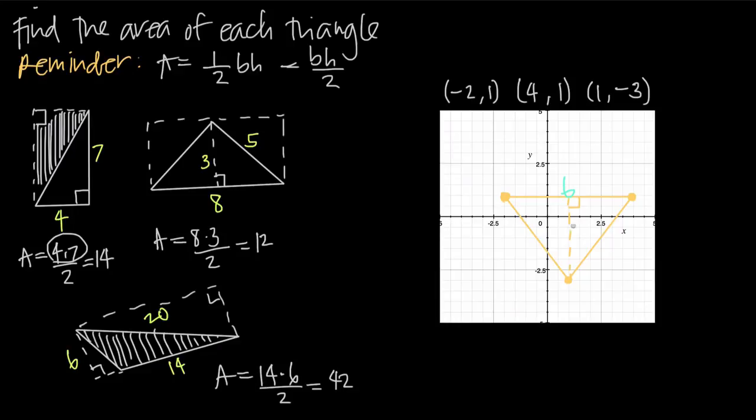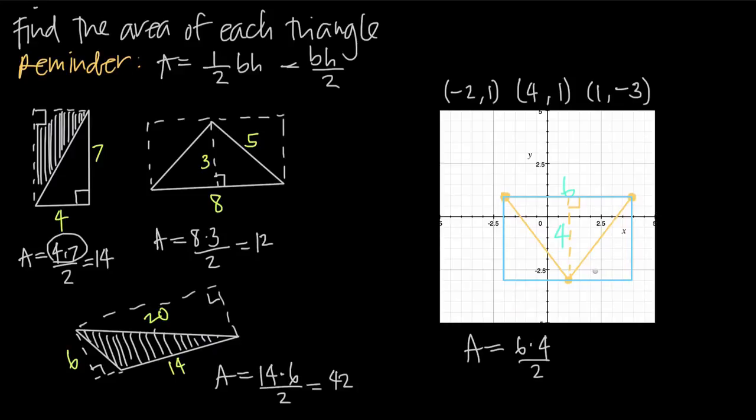And then what about the height? Well, I can see that the top of the triangle is here at +1. The bottom of the triangle is here at -3. So I have 1 unit above the x-axis, 3 units below the x-axis. So 1 plus 3 is going to give me 4. So my height will then be 4. So now if I want to find the area of this triangle, again, I just say area is going to be base times height and then divided by 2, because base times height would give me the area of this rectangle right here, which would look like this.